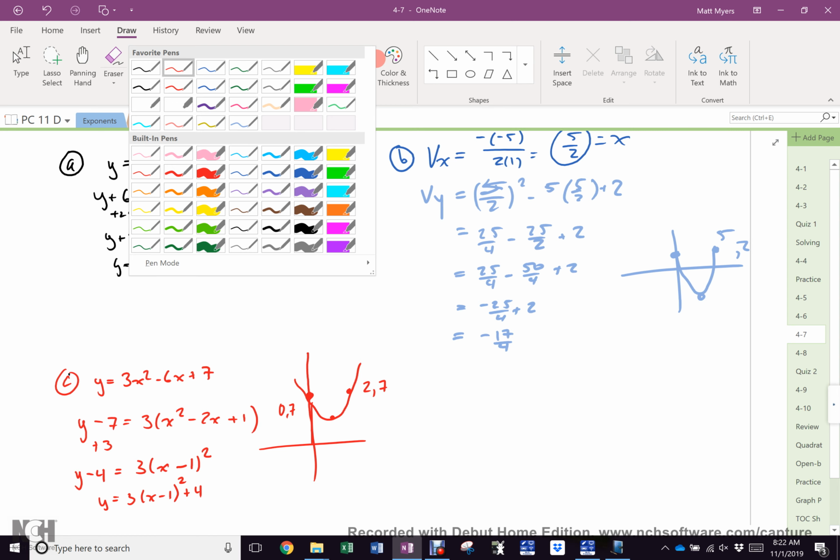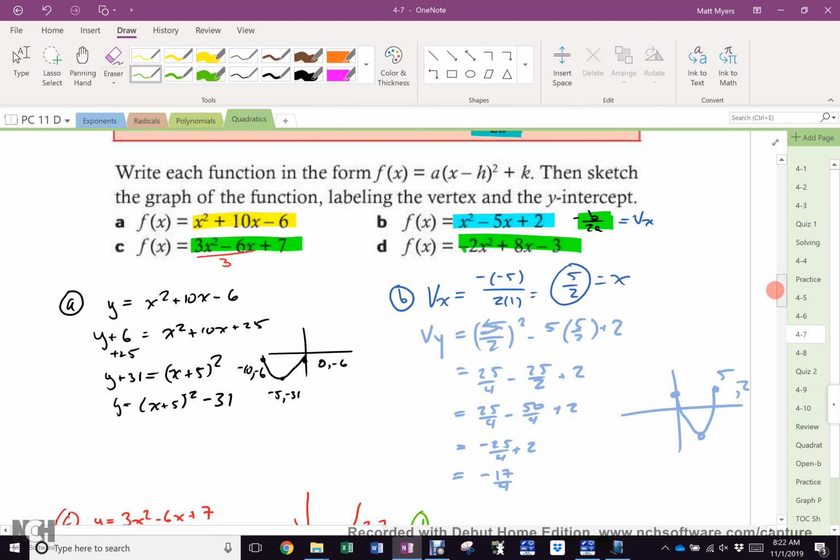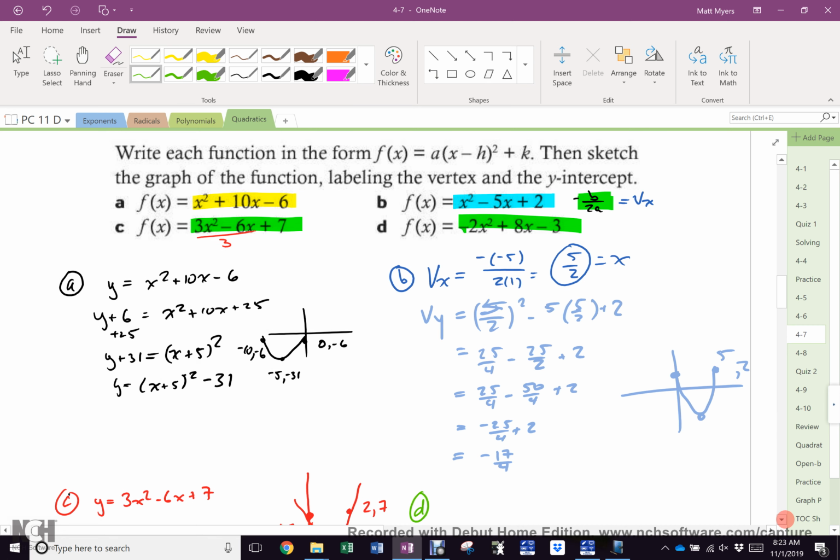And lastly, what color haven't we used in a long time? We haven't used this light green, D. Now, since we just completed the square here with a factor, do you want me to do that again, or do you want to use this new thing some more? Use the new thing here. All right.